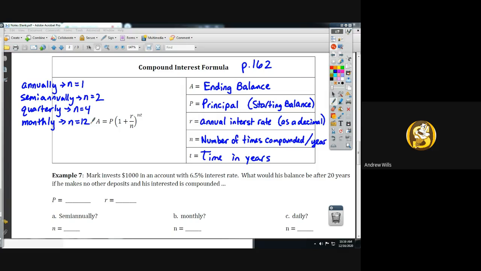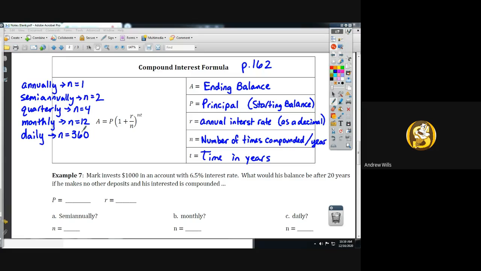Let's see, what else could come up? I don't think we're very likely to see any of those. We could have daily. There are only, for this type of problem, 360 days in a year. So if I see daily, n equals 360. Okay? So that's the compound interest formula.